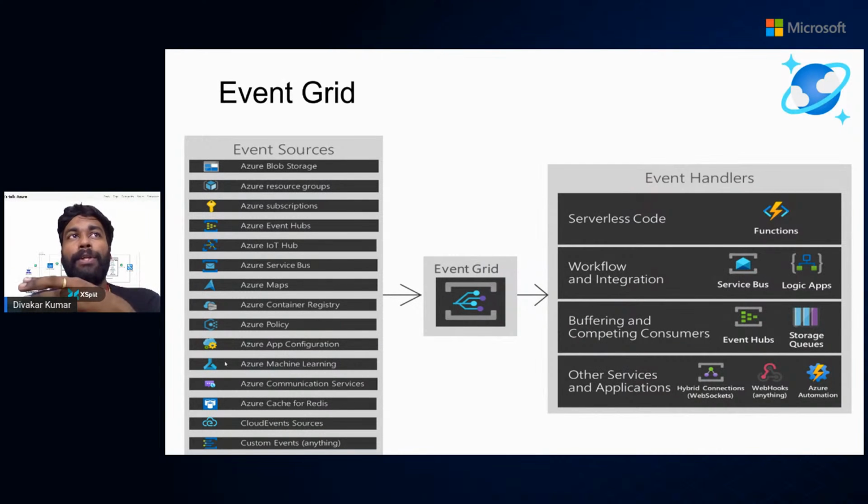Event Grid is the publisher-subscriber model. There can be many event sources that publish events to Event Grid, and there can be many subscribers as event handlers. The publisher doesn't need to know what the subscriber is going to handle at a later stage.